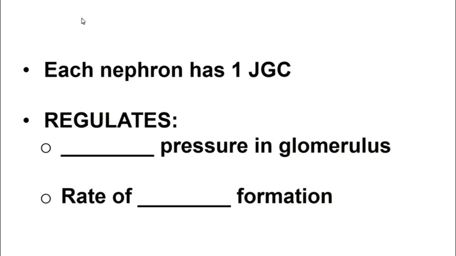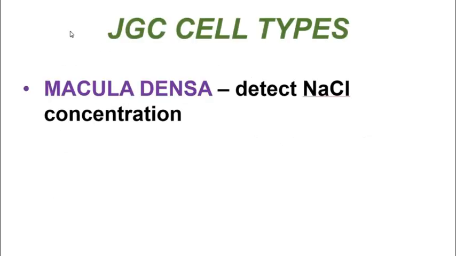So each nephron has a single juxtaglomerular complex. The function of the juxtaglomerular complex is to regulate blood pressure getting to the glomerulus, and it also regulates the rate of filtrate formation.